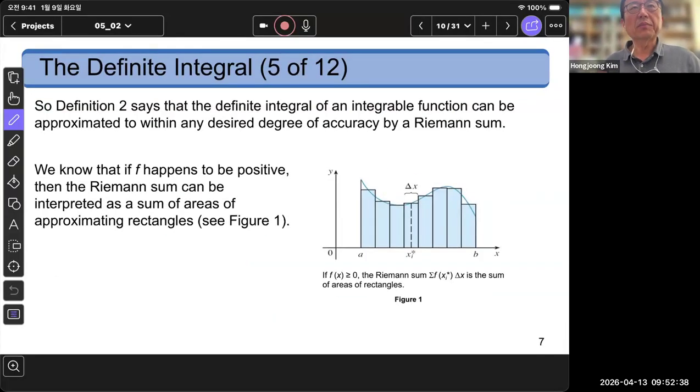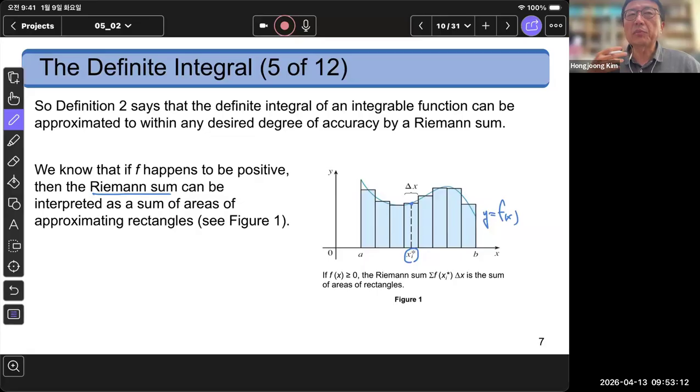What is the meaning graphically? Given this function f of x, on each interval you choose an arbitrary point, evaluate your function at that point, and then multiply by delta x. So the Riemann sum is just the sum of the areas of the approximating rectangles in figure 1.